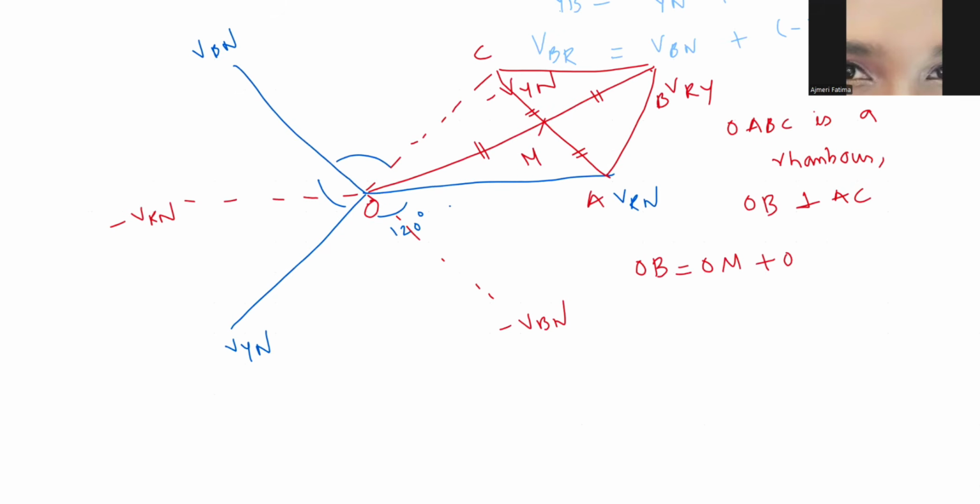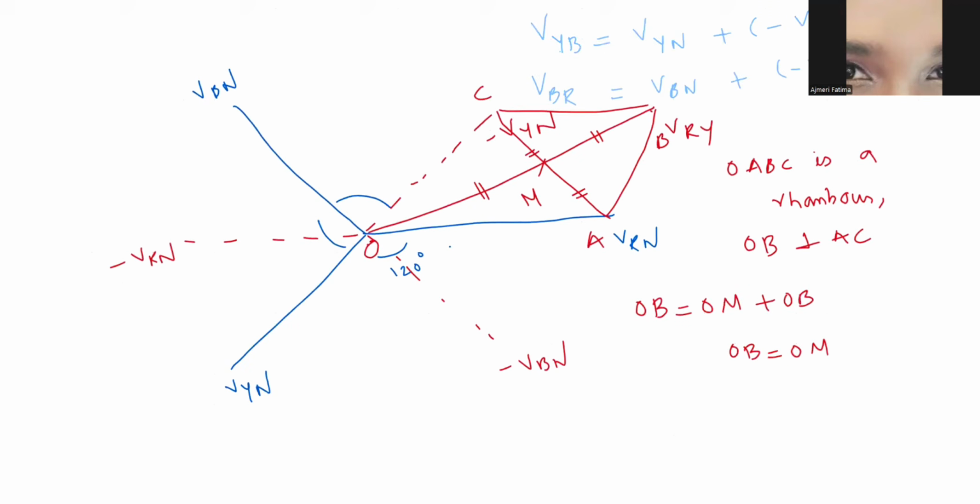OB can be written as OM plus MB. Okay, this is MB. So now I can write OB is equal to OM plus OM. So it would be 2OM. Let me make this equation 1.